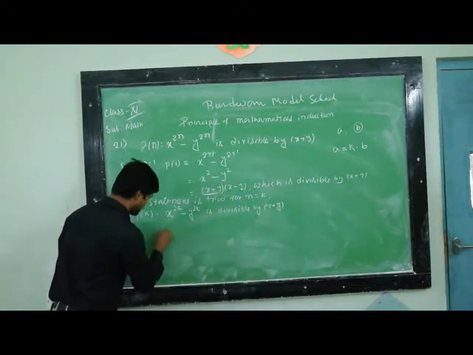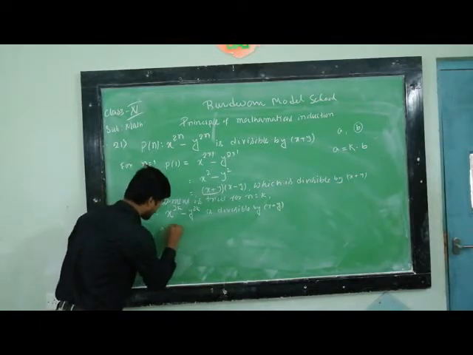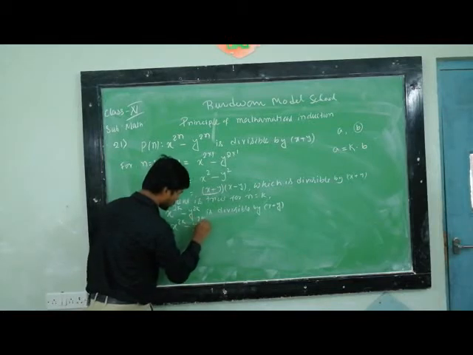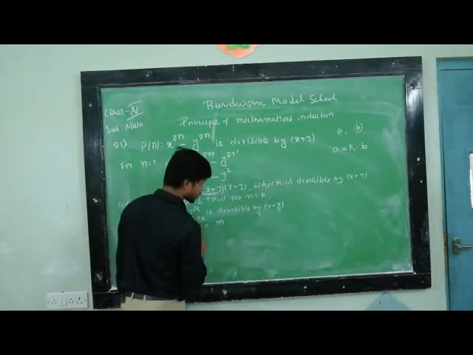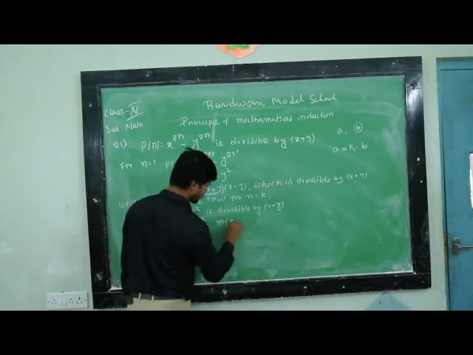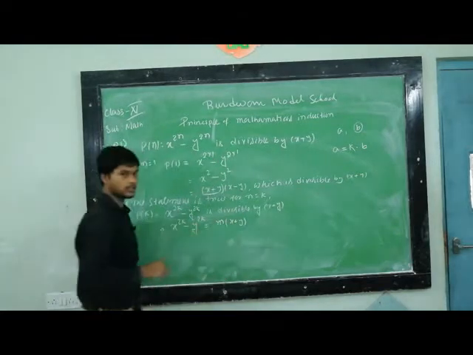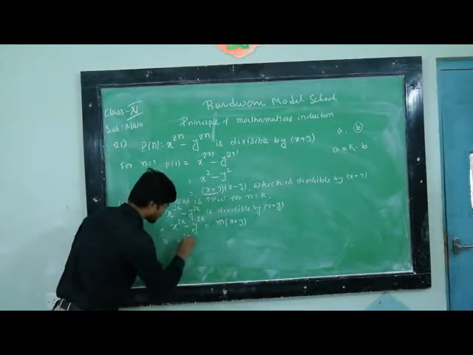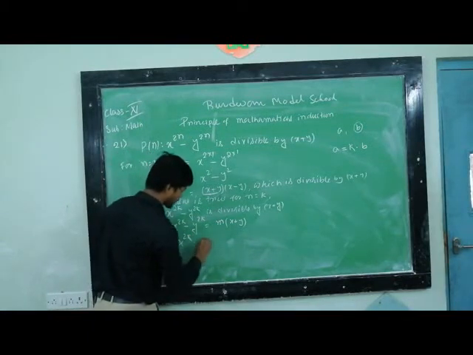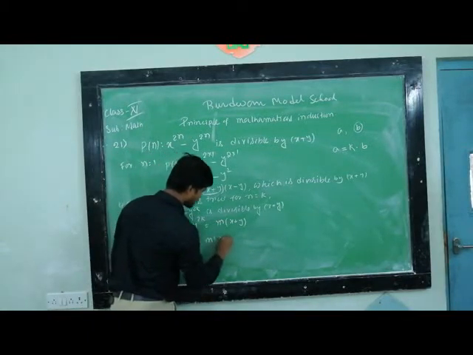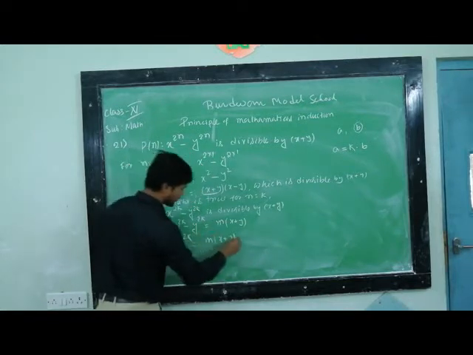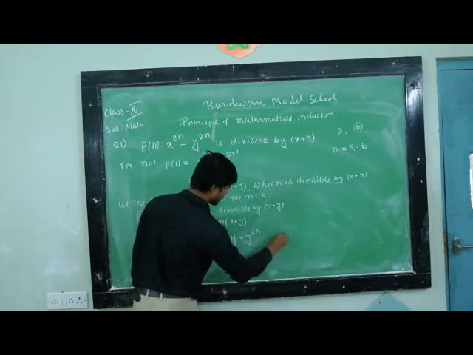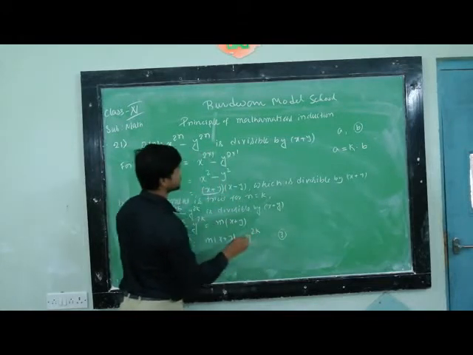That means this can be written in the form x to the power 2k minus y to the power 2k is equal to m into (x plus y), where m is any constant. Now from here calculate the value of x to the power 2k. So x to the power 2k equals m into (x plus y) plus y to the power 2k. Let's number it as equation number 1.